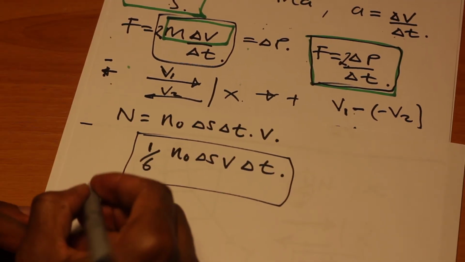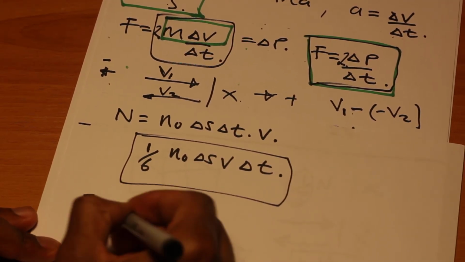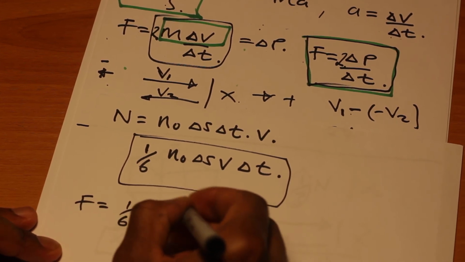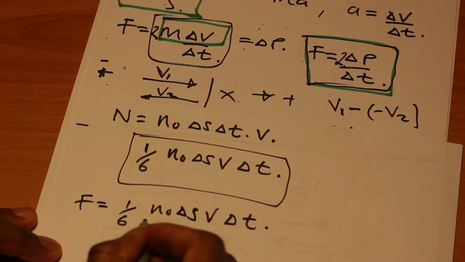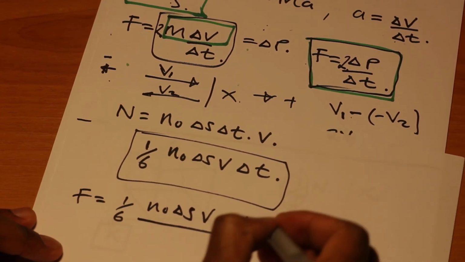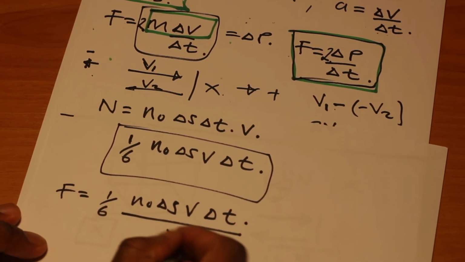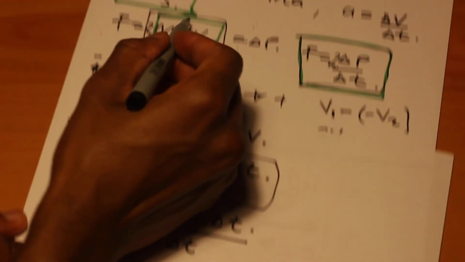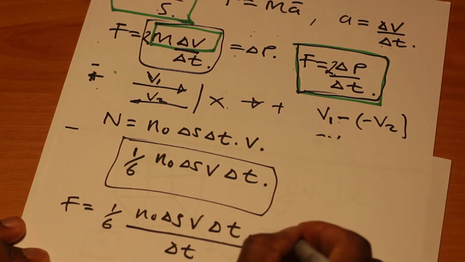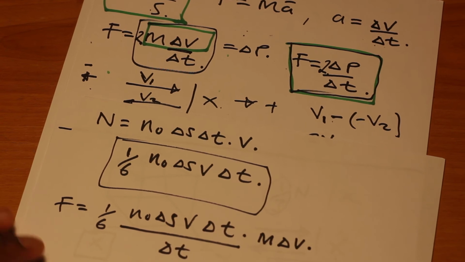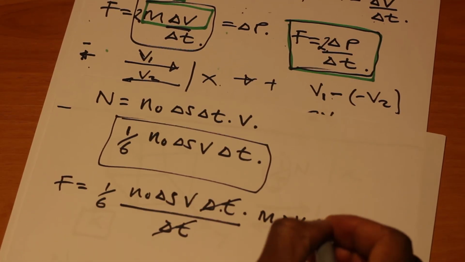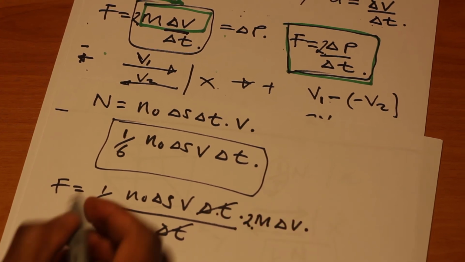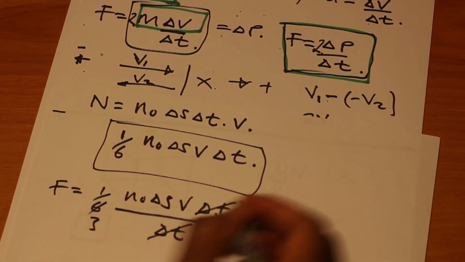So we can now simply say force is equal to 1 over 6 times the number of moles times the change in area times the velocity times t over change in time. This is multiplied by what we have here, which is mass times change in what? Velocity. So we can see that this cancels out, and then we have a 2 somewhere here. This becomes a 3, this becomes a 1.